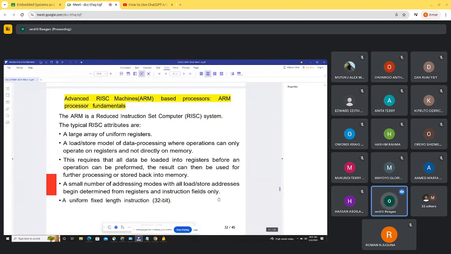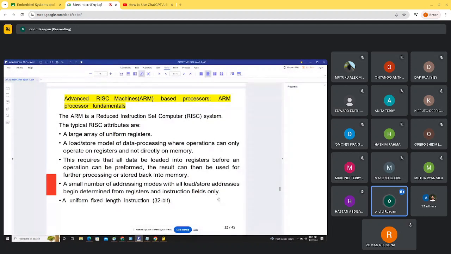So a small number of addressing modes, with all load and store addresses determined from the register and instruction fields. Remember, within the microprocessor we have several buses: the control bus, the address bus, and the data bus, and those three work hand in hand.